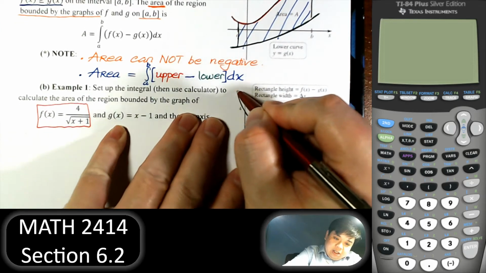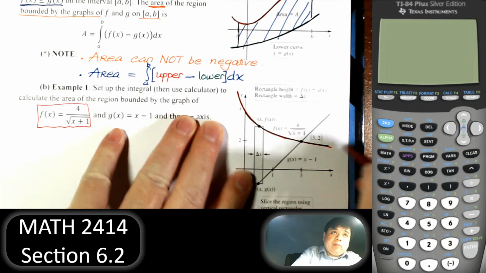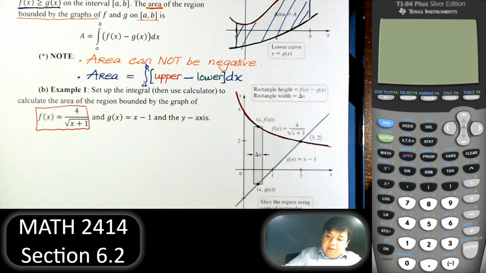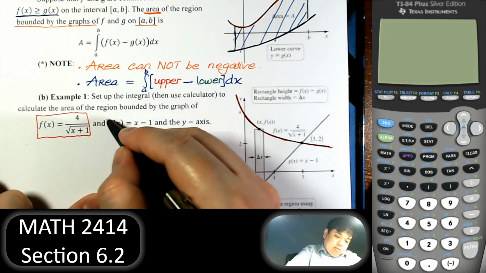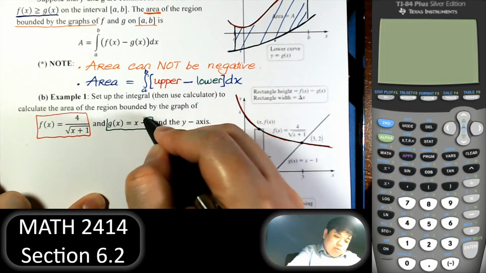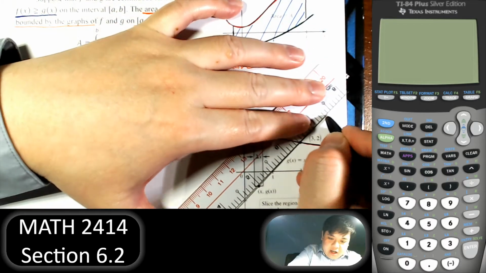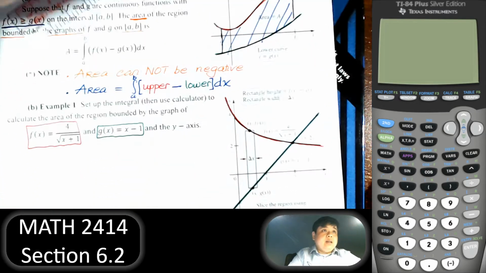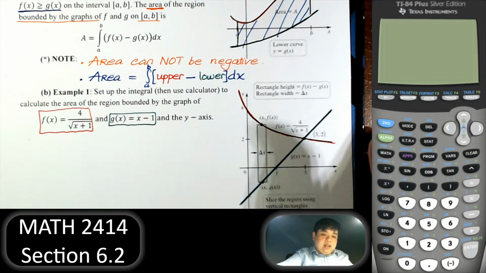So that is f of x with that curve. Next we have the linear function g of x equal to x minus 1. So that's just a straight line. And then we also have the y-axis.